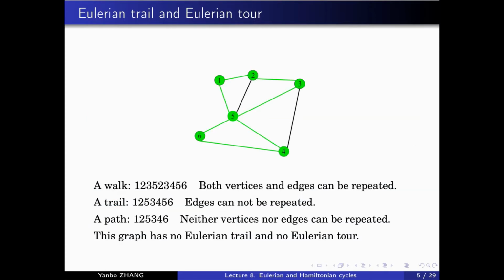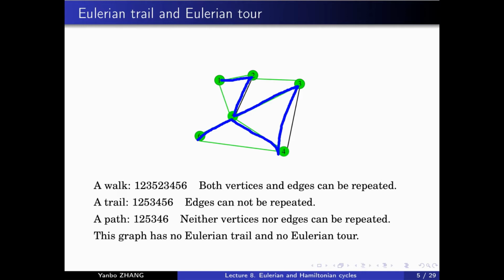Here is an example. In this graph, we can find many walks. For instance, a walk 1, 2, 3, 5, 2, 3, 4, 5, 6. In a walk, both vertices and edges can be repeated. A trail 1, 2, 5, 3, 4, 5, 6.